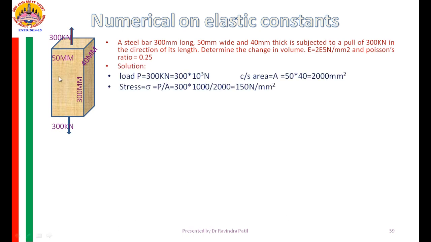Here he has given the block and the direction of the load. The load is along the axis. What is the linear strain with respect to that load? Can you guess it? The load is acting along the 300 mm, therefore the linear strain is along the 300 mm.